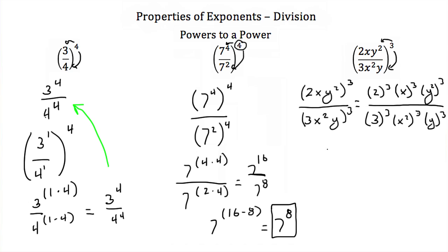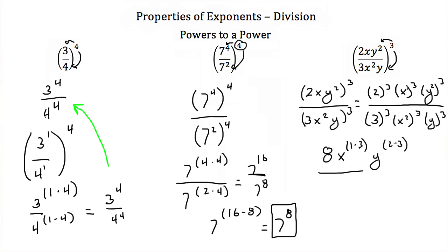Now 2 cubed is 8. X to the first power and then to the third power would be x to the 1 times 3 power. Y squared and then cubed again would be y to the 2 times 3 power.